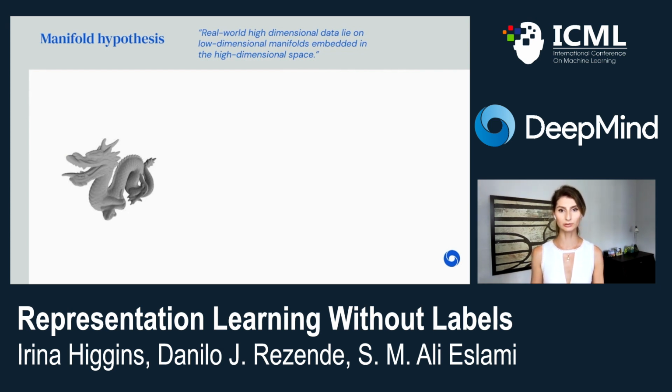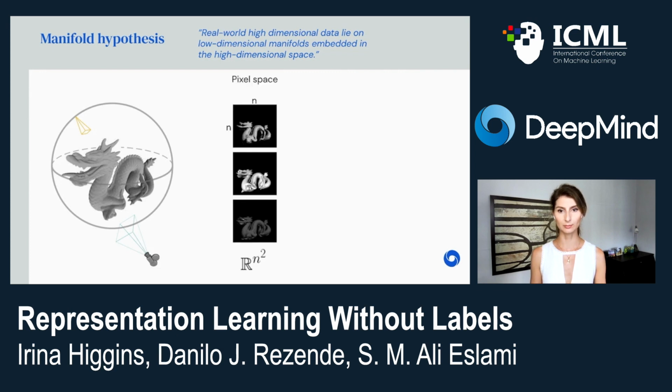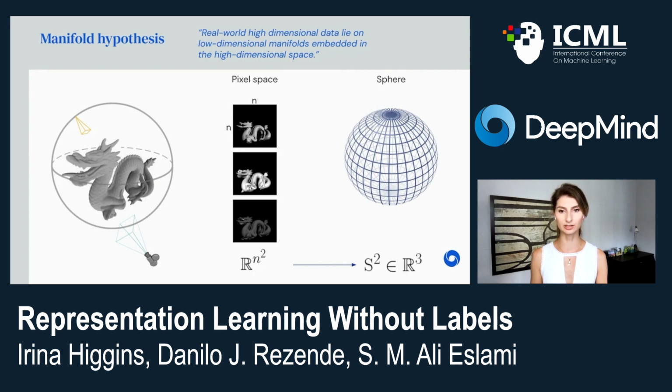Let's imagine that our data consists of images of a 3D dragon shape, taken with a fixed camera, but under different lighting conditions, where the source of light moves on a sphere around the dragon. In the pixel space, this data will form an n-by-n manifold. However, since we know how the data was generated, we can also represent it using a significantly lower dimensional manifold of a 2-sphere embedded in a 3-dimensional space.